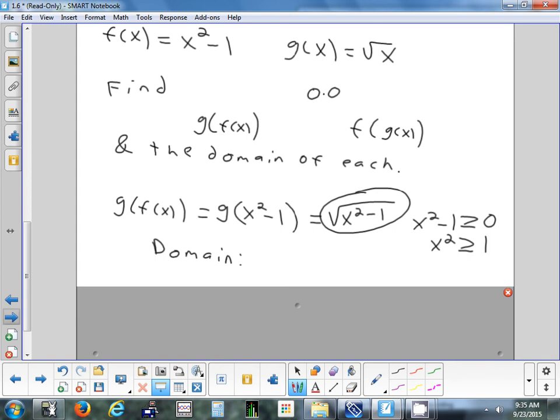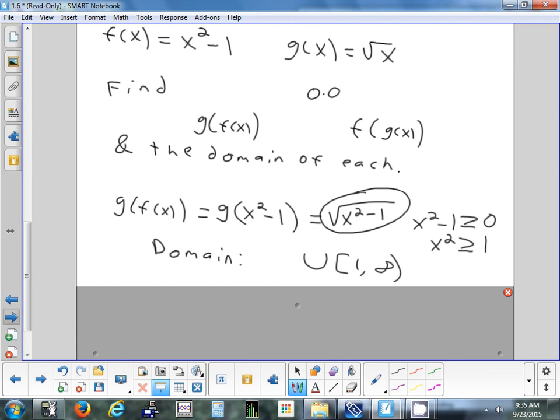So we have to pick numbers so when we square them, they come out bigger than 1 or equal. Yep, so it would be 1, and anything greater or equal to 1. Yep, that's half of it. So the domain is anything from 1 to infinity.